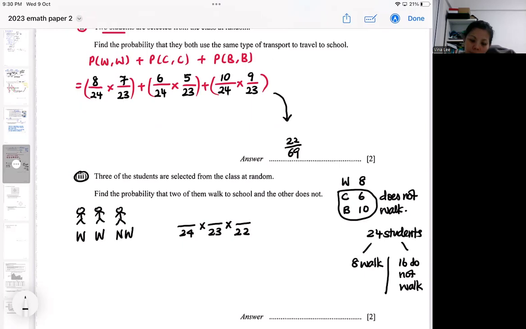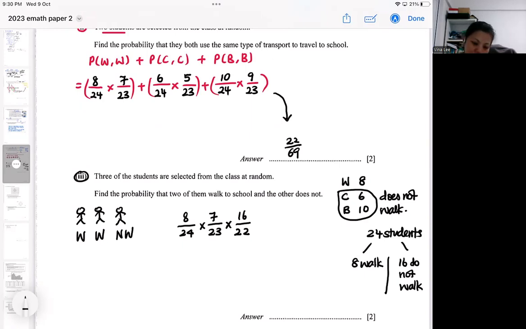So for the first 2 persons who walk, you have 8 persons to choose from. Then out of the 8, you have chosen 1, so 7 are left. And those who don't walk is 16. So this is the first scenario. I can reshuffle them.